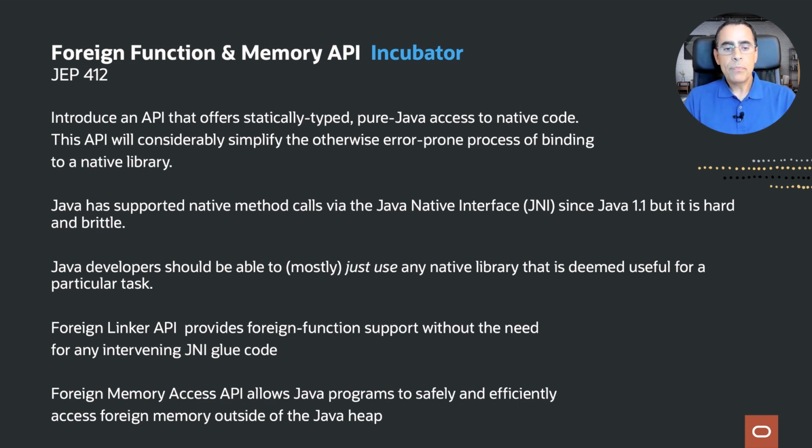Using JNI requires developing and maintaining multiple artifacts like a Java API, a C header file, and a C implementation, and this must be done for each supported platform, making the effort platform dependent and requiring different tool chains on each platform. Other frameworks and tools have appeared over the years that improve on JNI, but they're all still less than ideal. Project Panama aims at making it trivial for Java developers to use any native library.